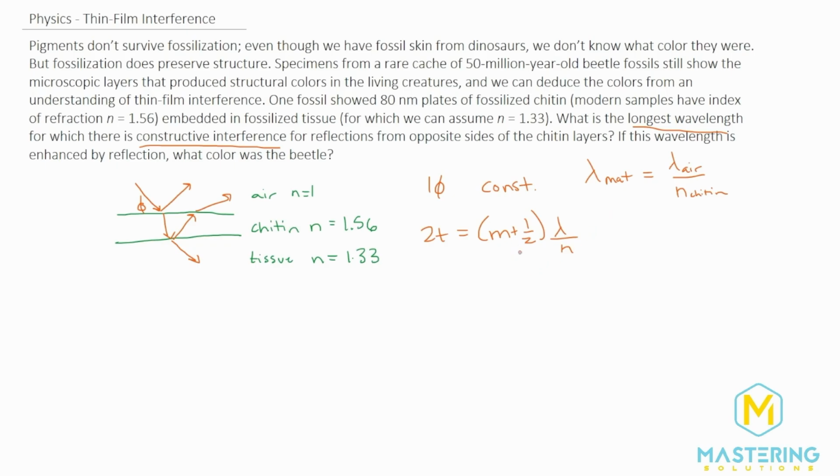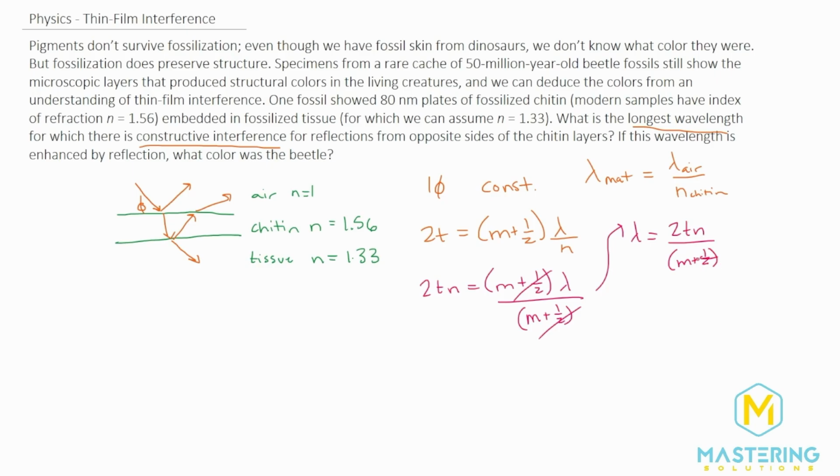And what m are we going to use? We talked about this on another question as well, and it's kind of confusing. So let's solve this real quick for lambda just to talk about that. If we multiply both sides of the equation by n, we'll get 2tn is equal to m plus 1/2 times lambda. Now we can divide both sides by m plus 1/2. And so what we're left with is lambda is equal to 2tn over m plus 1/2.